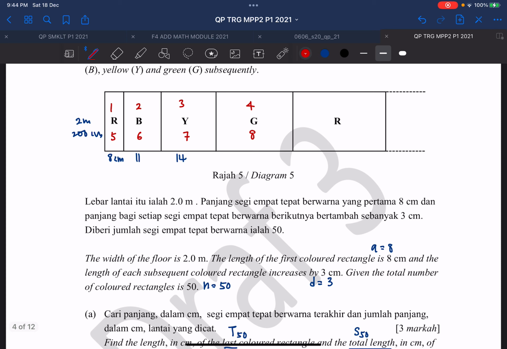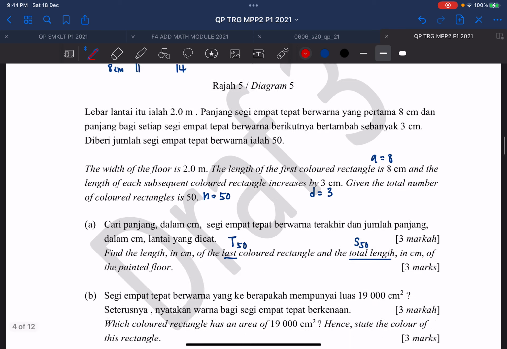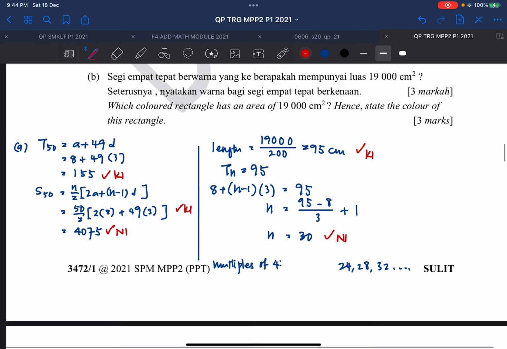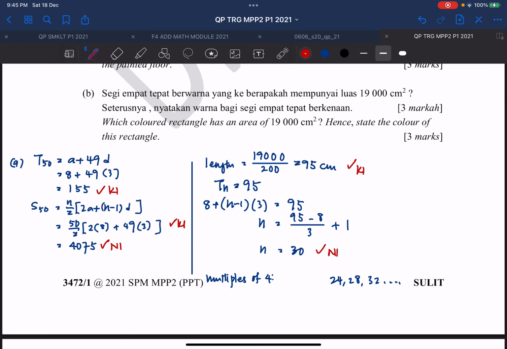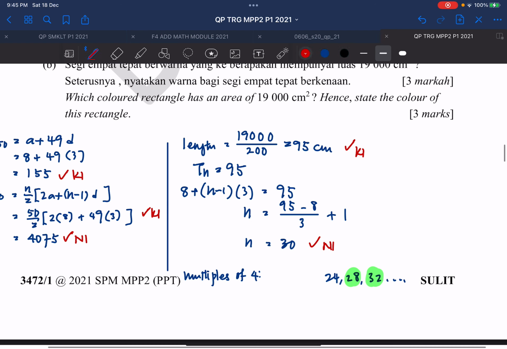So with the green color, I can predict the colors near to it. The multiples of 4 nearest to 30 are 28 or 32. 28 is green, 32 is also green. So I will write 29, 30, 31, 32.